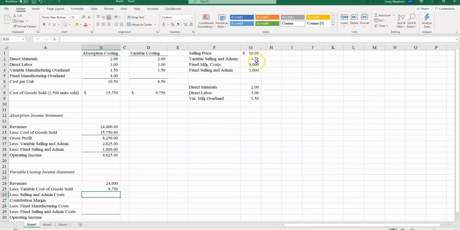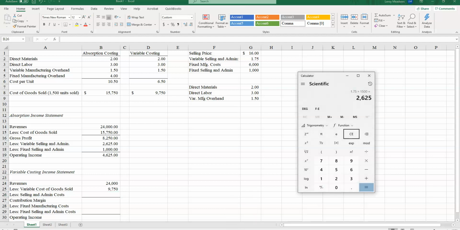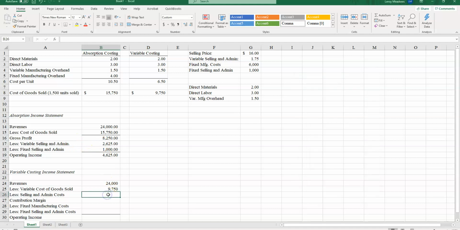And how much is that? $1.75 times 1,500. And that gives me what? 1,500 times $1.75 is $2,625. And yes, we did calculate that up there as well.